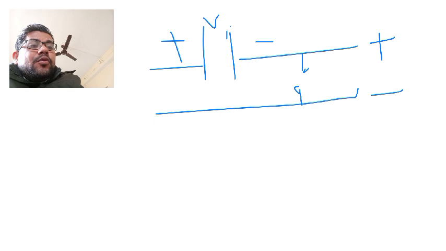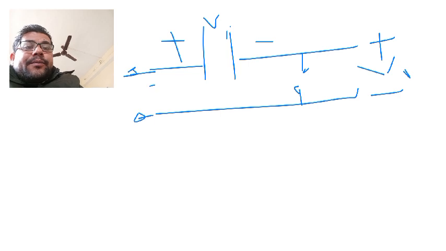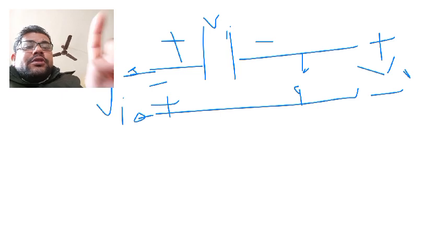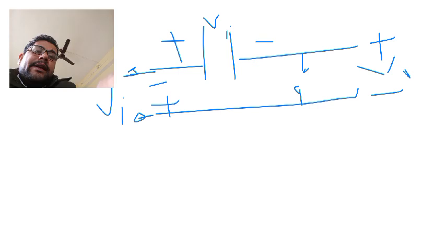Here is the output voltage, and this is the input. Because in the positive half cycle we have seen the output is 0, we can use KVL here.